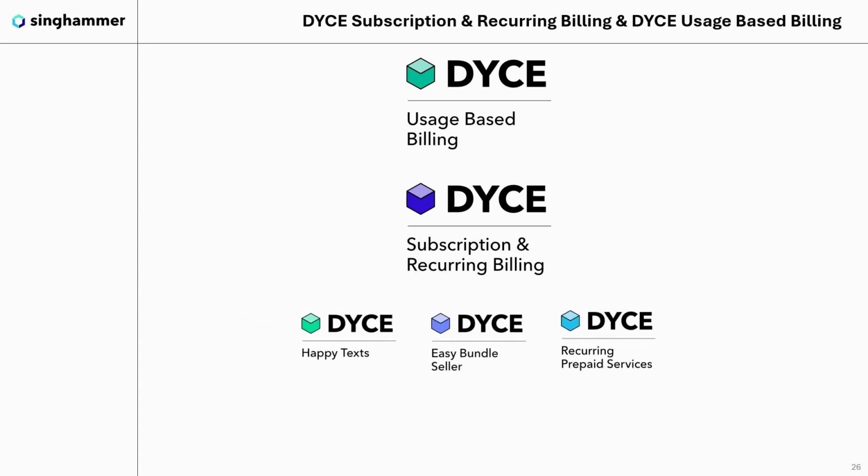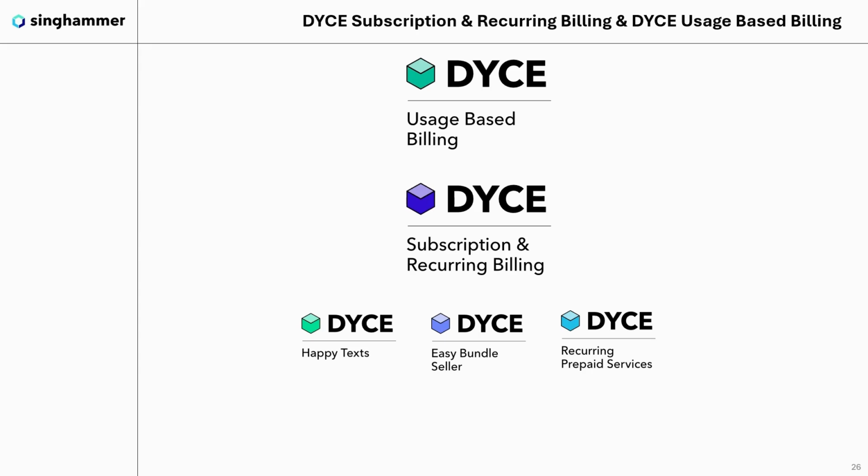We already have several extensions that can make handling recurring services even more convenient. With DYCE Happy Texts, you can add additional information to contract lines, and with DYCE Easy Bundle Seller, you can create flexible bundles in sales without unnecessarily expanding your item catalog.